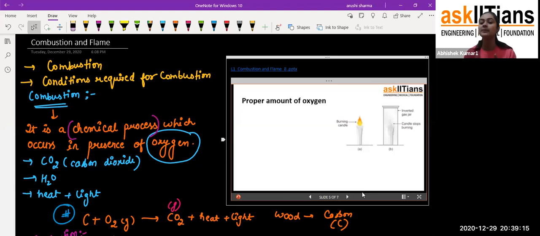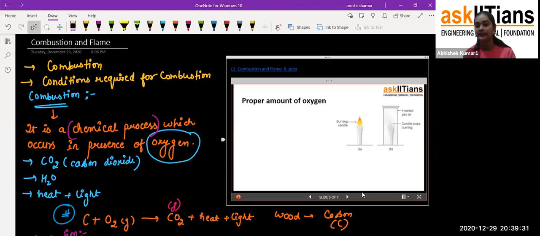If there is no supply of oxygen, the candle is not going to burn. You can also do this at your home, because it is not harmful, and it is not that difficult to do.